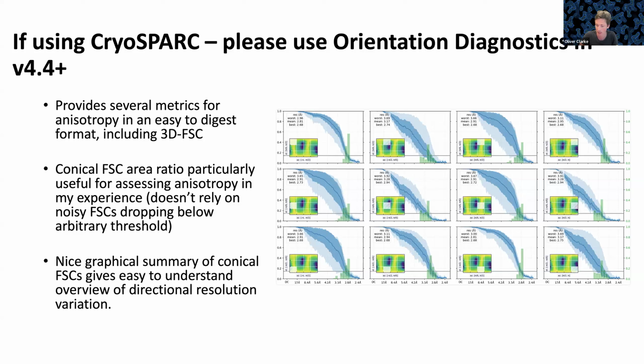Fit a model to one of the maps, zone out a volume generously around the domain that you think your ligands are binding to, right? And then align both of your maps together. So just use fit map to align both of your maps together and then subtract them. And that will generate a difference map. And then you can also use a little trick to put that difference map back in the right frame of reference for either the apo or the holo maps, depending on what you want to do. And then, yeah, that's basically it.